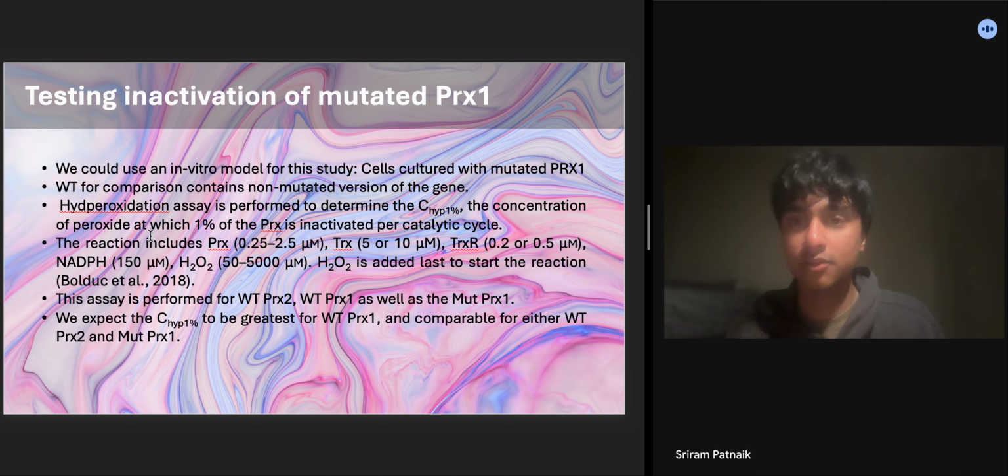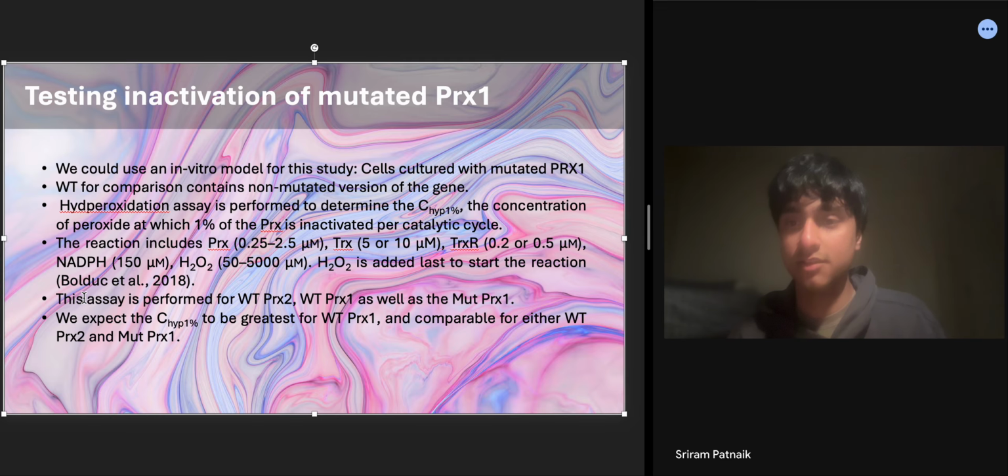The reaction includes PRX at these stipulated concentrations, TRX 5 to 10 micromolar, TRX R 0.2 to 0.5 micromolar, and so on. The peroxide is added last because it's really potent, I guess. It works quickly.